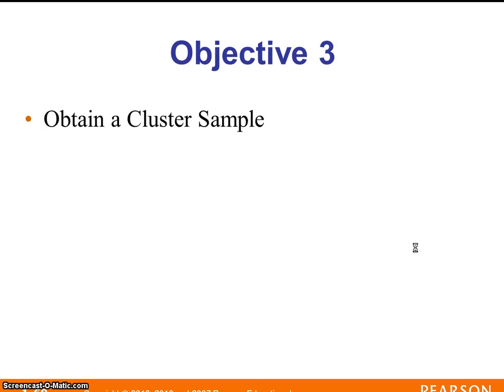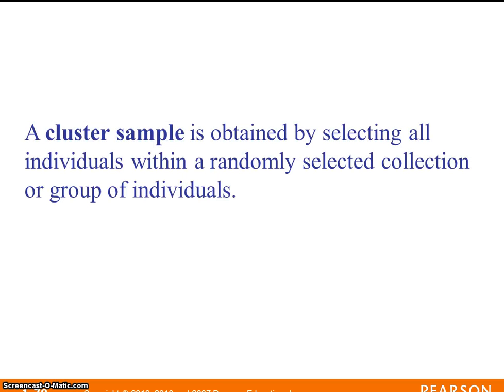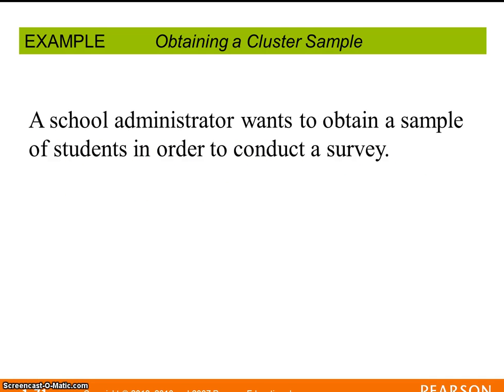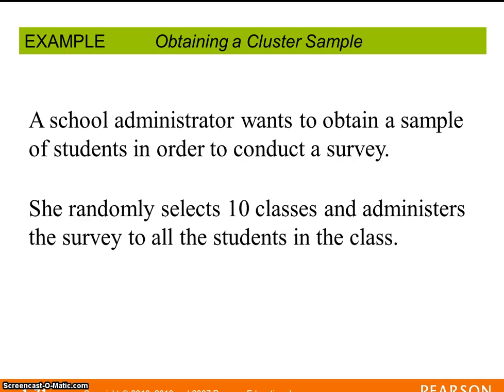The next type of sampling is called cluster sampling. This is similar to stratified sampling in the sense that you break the data into non-overlapping data sets. The difference is that you select everybody in a particular cluster, whereas with stratified sampling, you don't select everybody from a particular stratum, you select individuals.